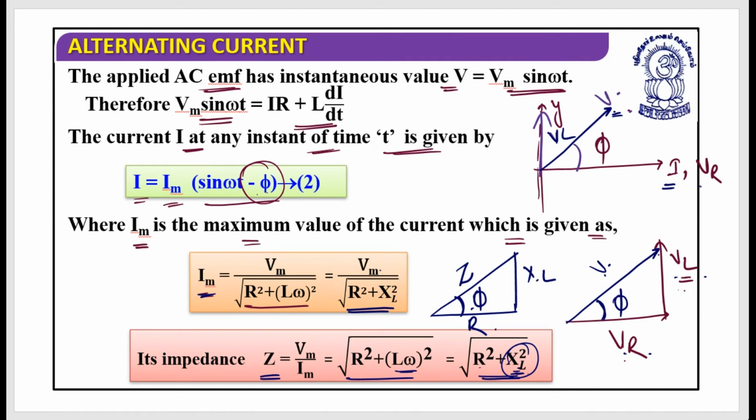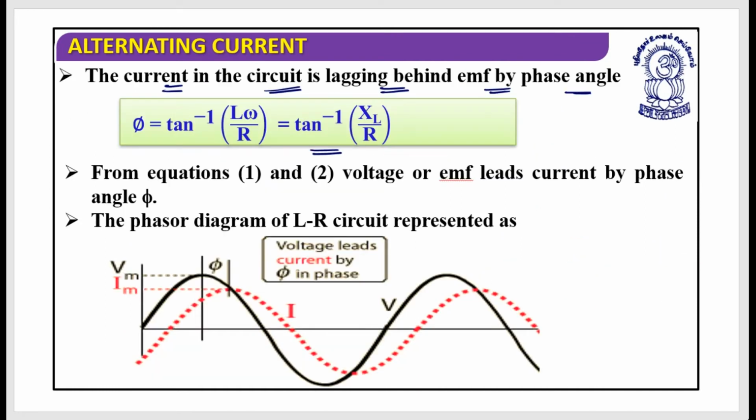It's tan φ equals XL by R, and here the cos φ, the power factor, would be given as R by Z. If I draw the sinusoidal diagrams of these two, the voltage is leading or the current is lagging. When voltage is leading, voltage should become maximum before current becomes maximum.